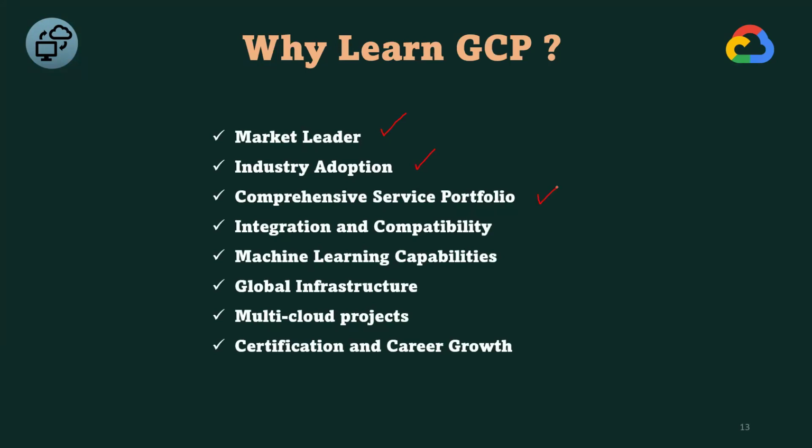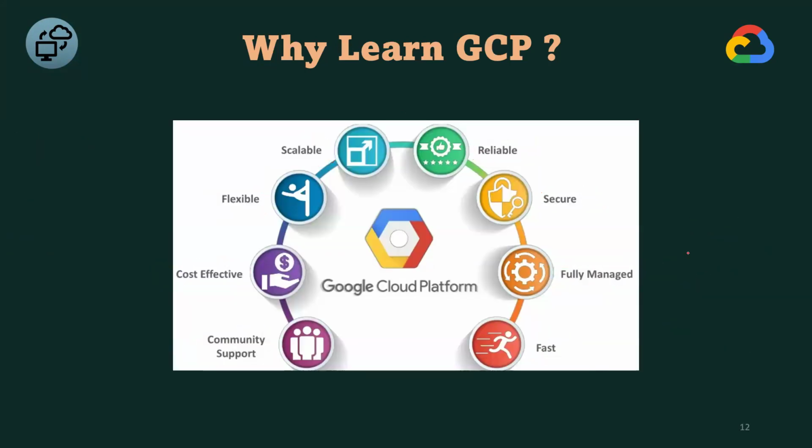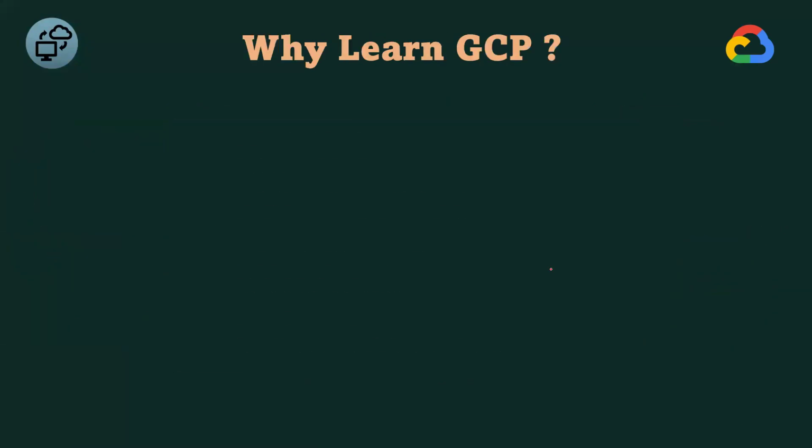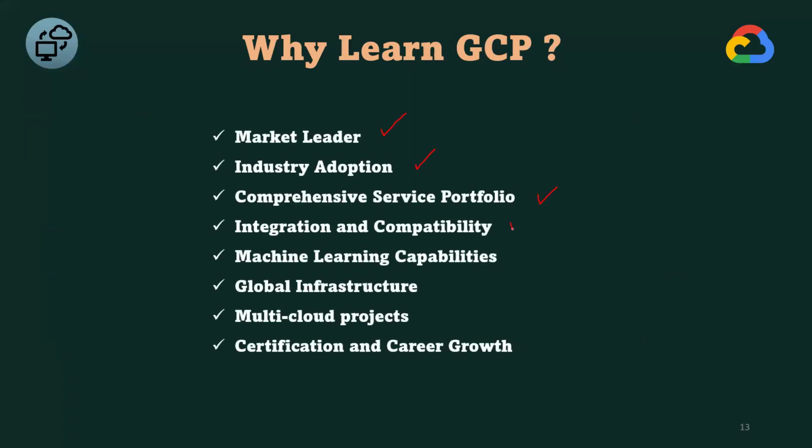It is providing you a comprehensive service portfolio, as I told you just now. I have just shown you only a few, but 2000 plus services and products it is going to be providing you, and it can be easily compatible and integrated with all other systems and with on-premises also. It's providing you machine learning capabilities as well.